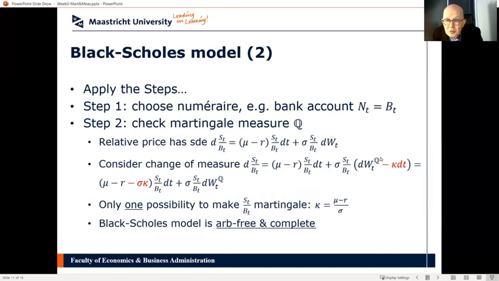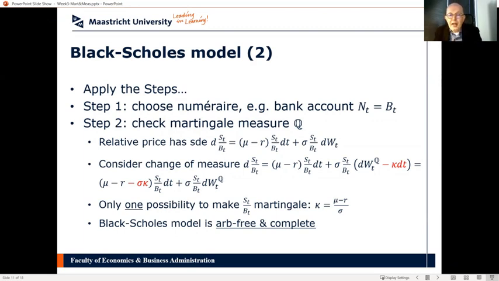It should be a Q superscript B, if I'm very precise in my notation, with a change in drift of minus kappa dt. What if I apply this? I multiply the minus kappa with sigma, and then the drift term under the new measure becomes mu minus r minus sigma kappa, plus sigma, and then I'm using my Q Brownian motion.